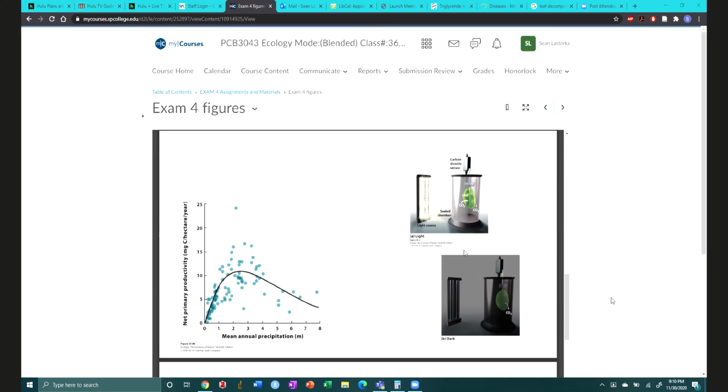Don't flood your plants is the moral of the story. Yeah, so like 2 to 3 is the goal. Yeah, we just talk about that. So primary productivity does best around 2 to 3 meters of rain. And you just talk about how the graph has a bell curve that is shifted to the left.